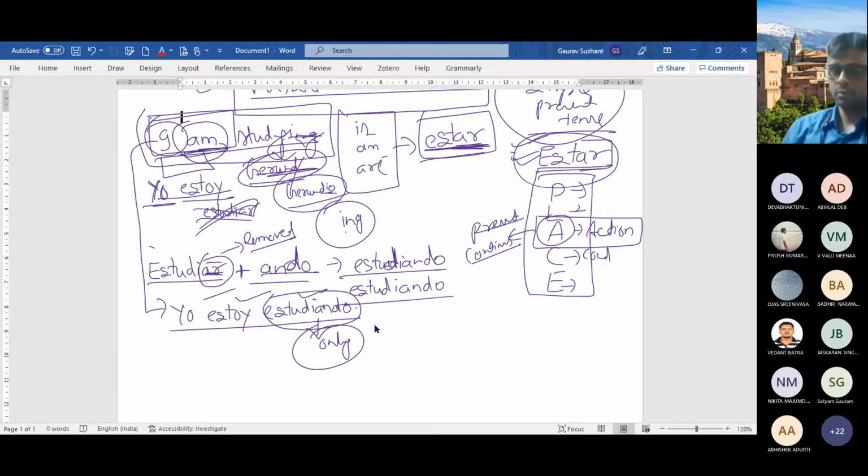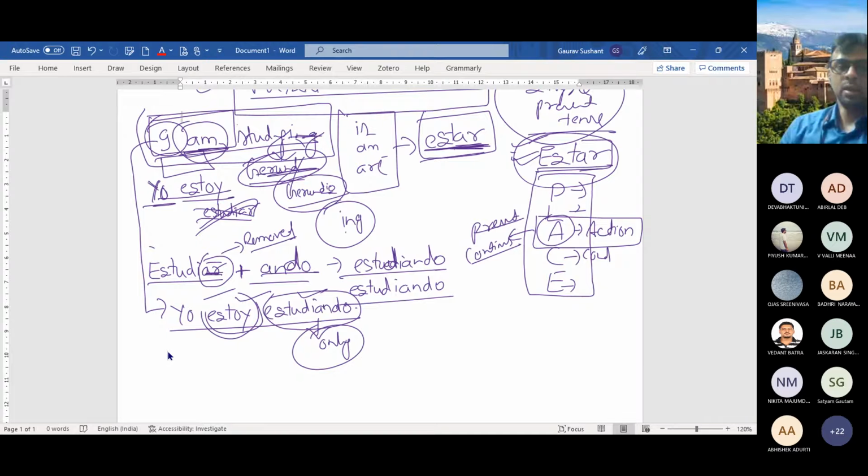This is the only gerund form which exists, and it will be used with any subject. If you change the subject, this gerund form will be constant. Only your subjects are going to change, and obviously the estar form will also be changing. So I am studying.